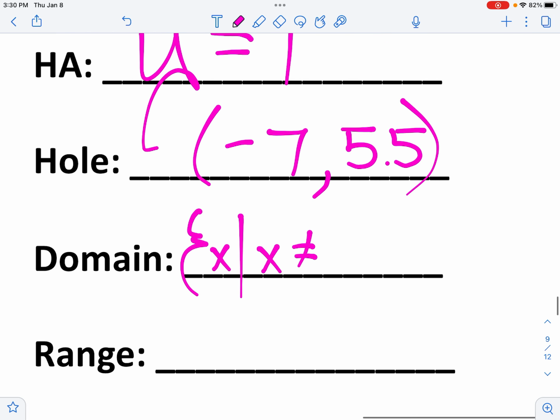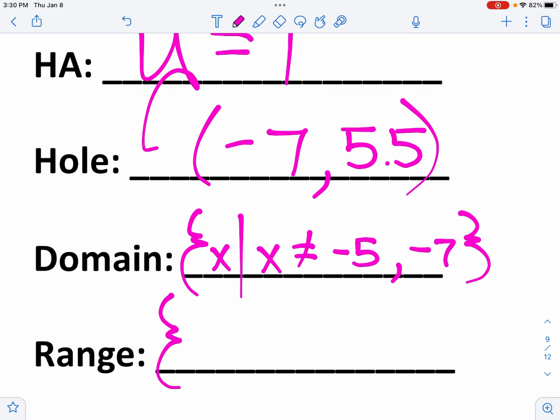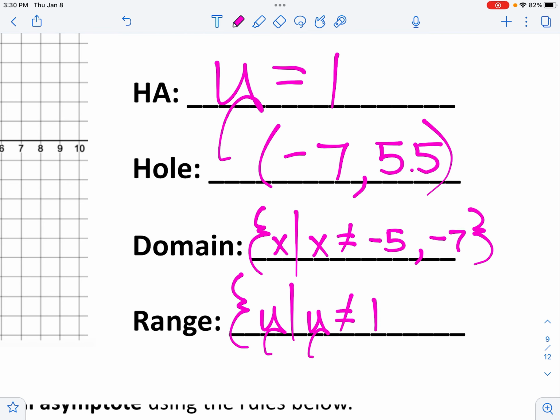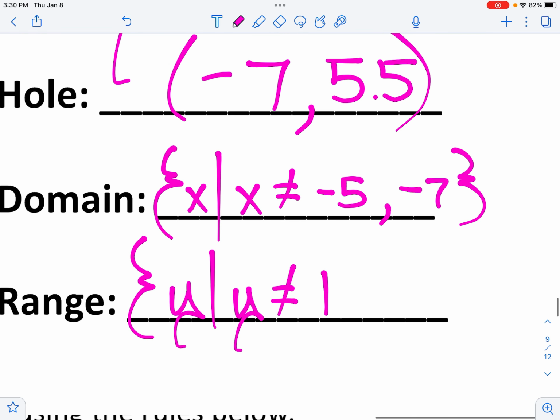So -5 and -7. Range: Y such that Y cannot equal 1, right? Yep, that's my horizontal asymptote. But also my hole, the Y value of my hole is 5.5.